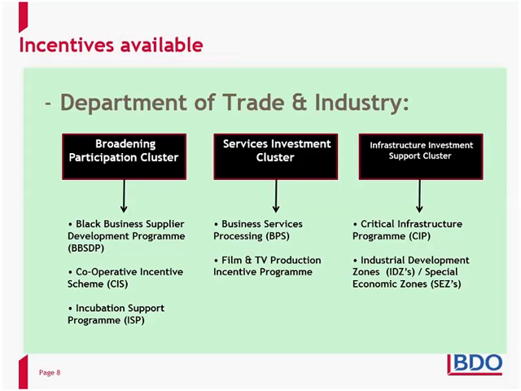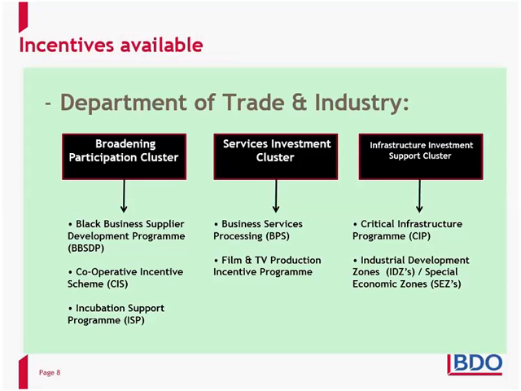Looking at the incentives that are available from the Department of Trade and Industry, the DTI have grouped their incentives into various clusters. The first cluster being the Broadening Participation Cluster. Under this umbrella, we have the Black Business Supplier Development Program, the BBSDP, as well as the Cooperative Incentive Scheme, and one of their newer schemes, the Incubation Support Program.